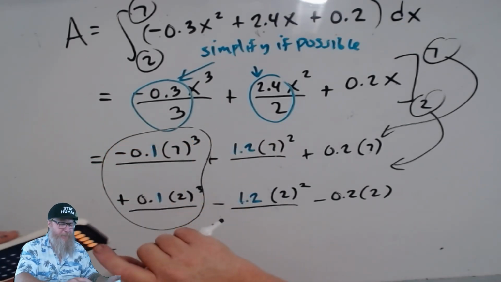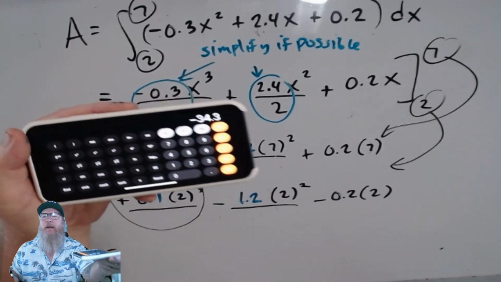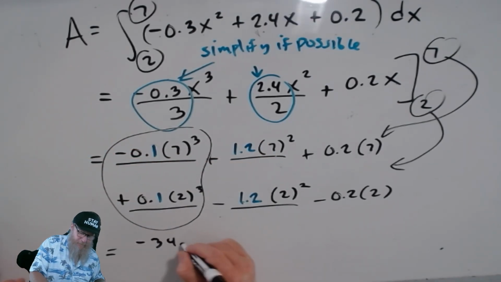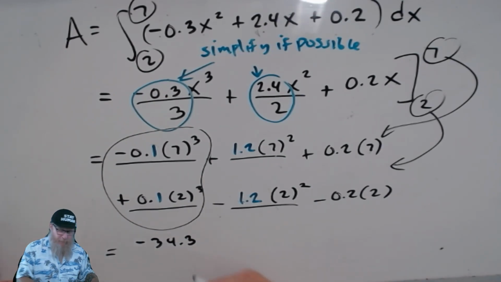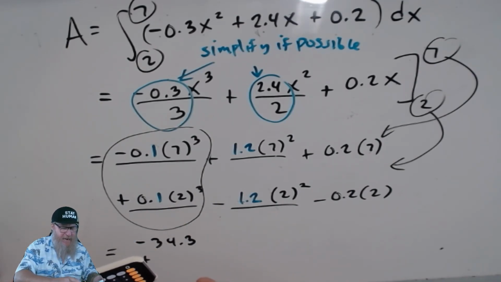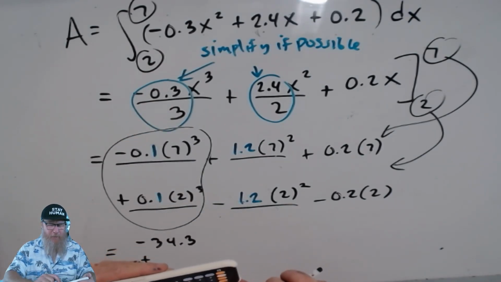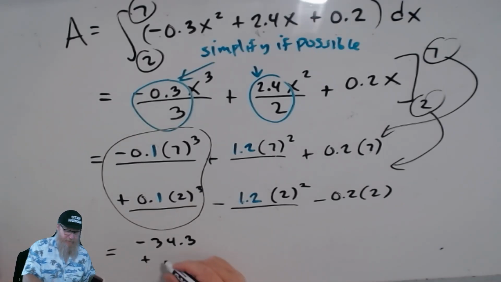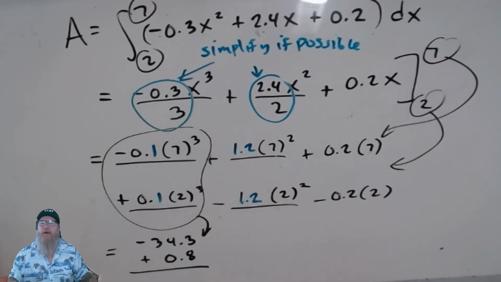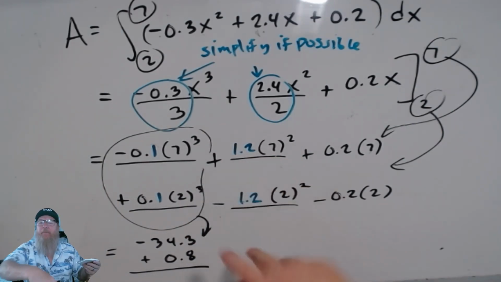That's 343 times negative 0.1, so that's negative 34.3, plus 2 to the third, which I already know is 8. For that one, I'm just using my mind to do it. 2 to the third is 8 times 0.1. So that's this first column here. You can certainly do it in any order that you like. I like to keep things lined up like this.